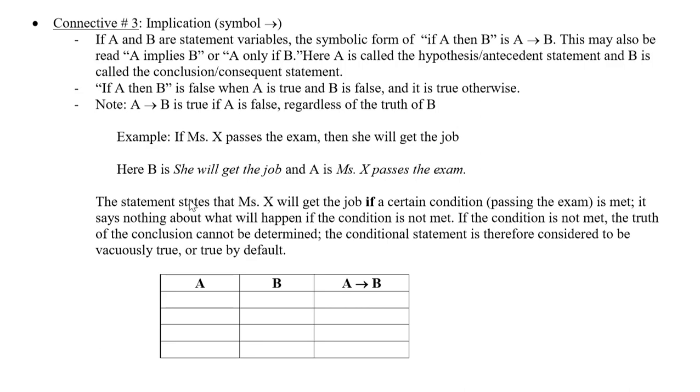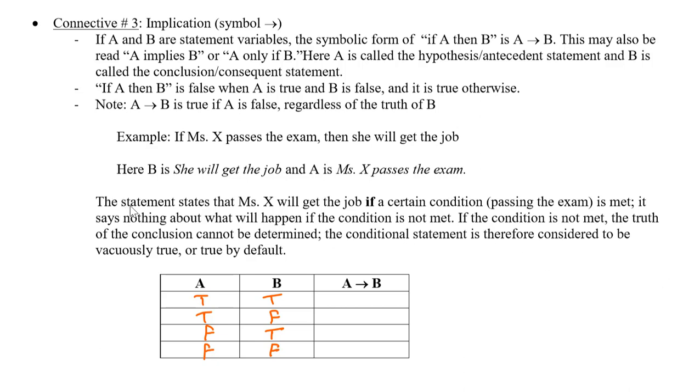So A is pass the exam and B is get a job. Let's see all the possibilities of this situation. Either both true, pass the exam and get the job; pass the exam, did not get the job; didn't pass the exam, but get the job; and didn't pass the exam, didn't get the job.